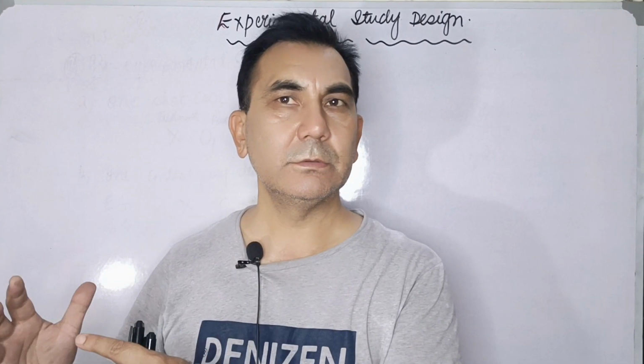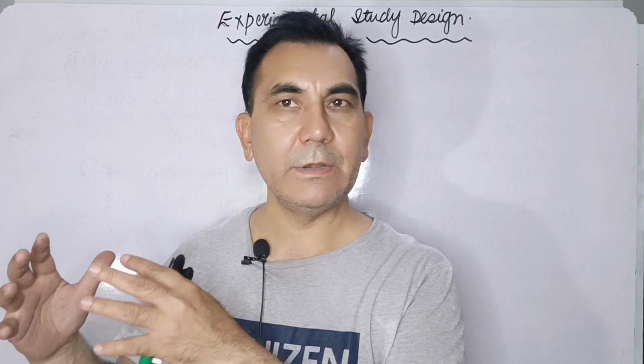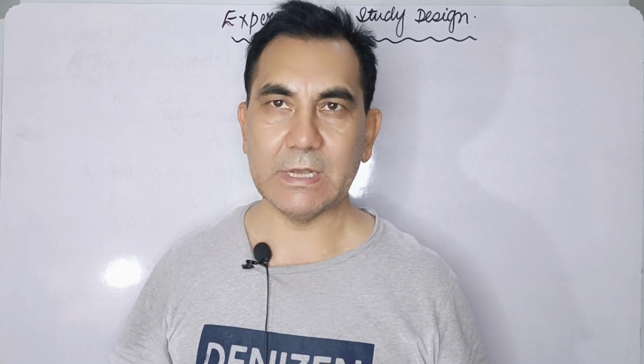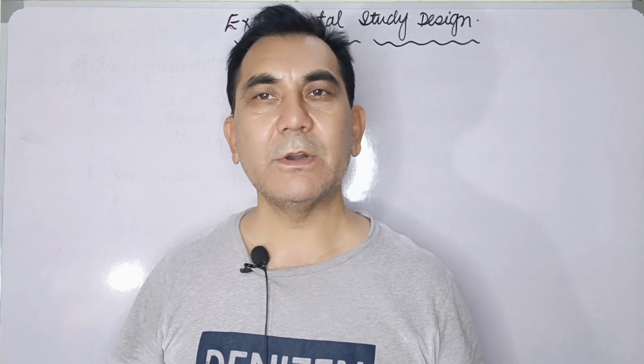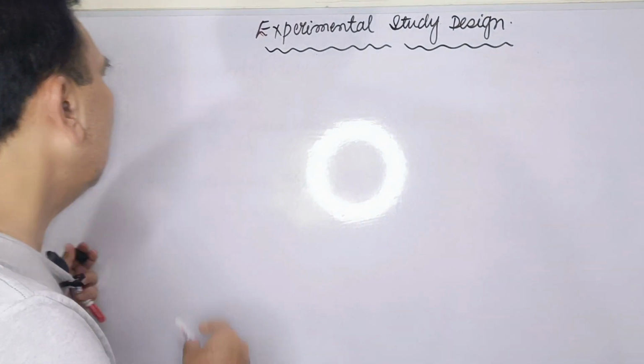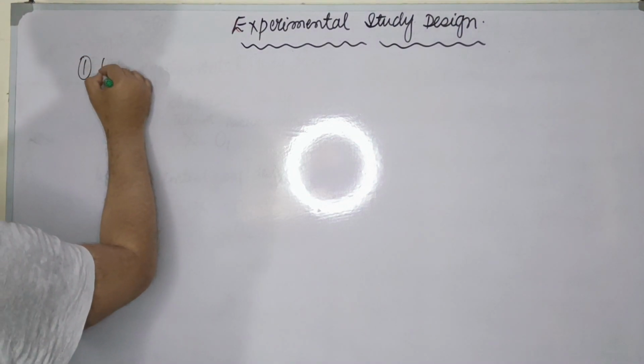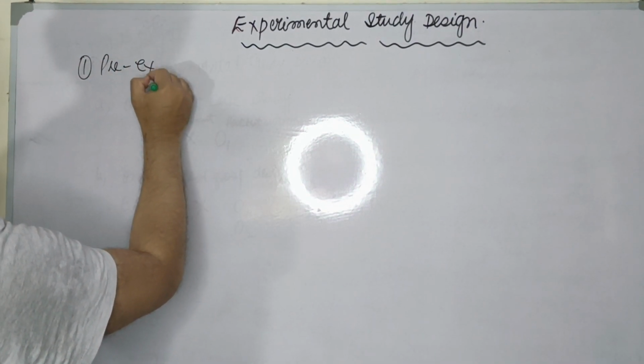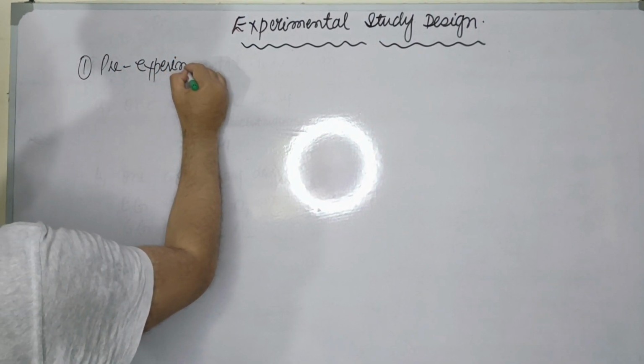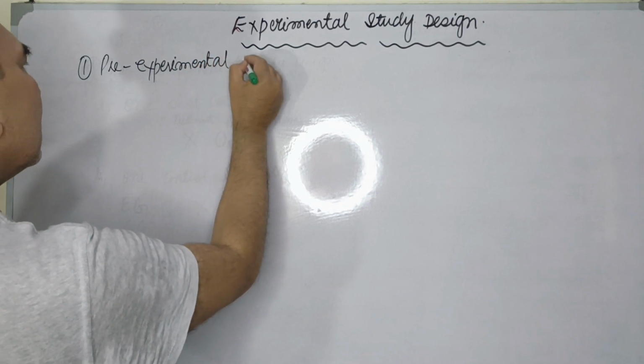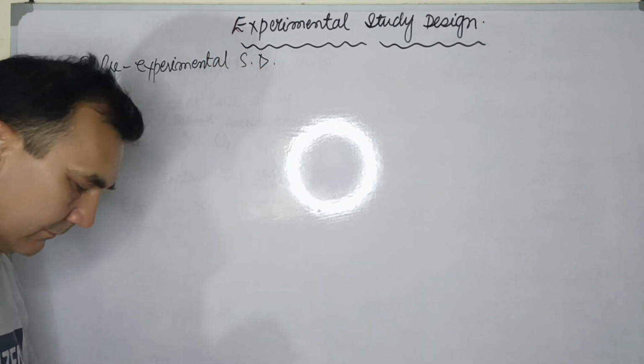Let's learn more in detail about the experimental study design. The experimental study design is further divided into three types. The first type is called the pre-experimental study design.